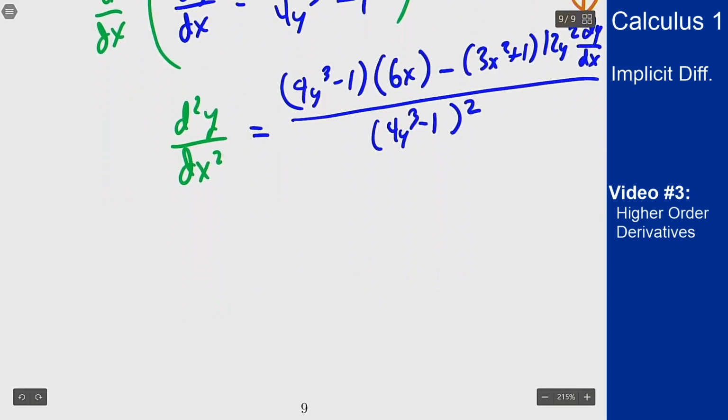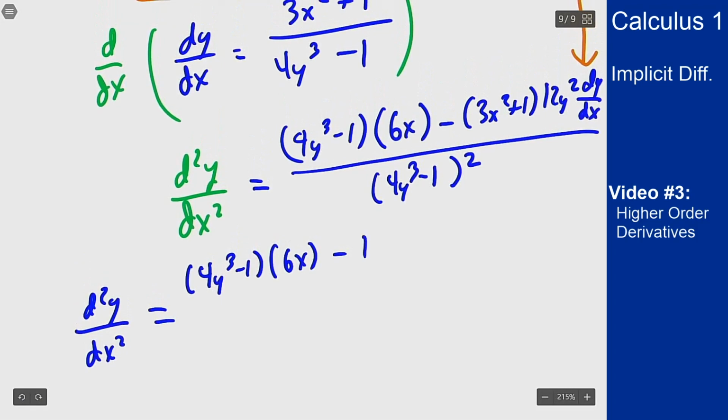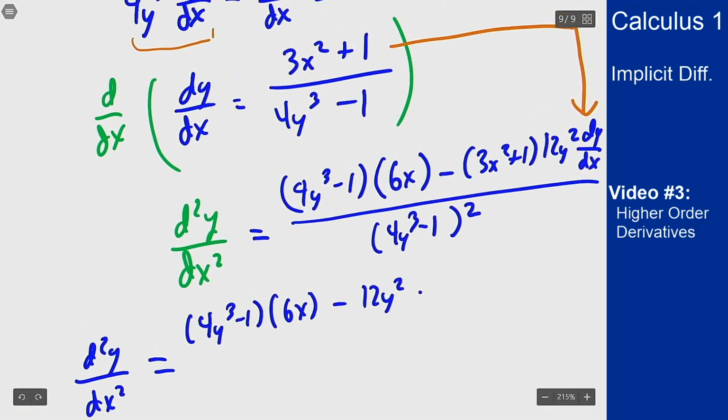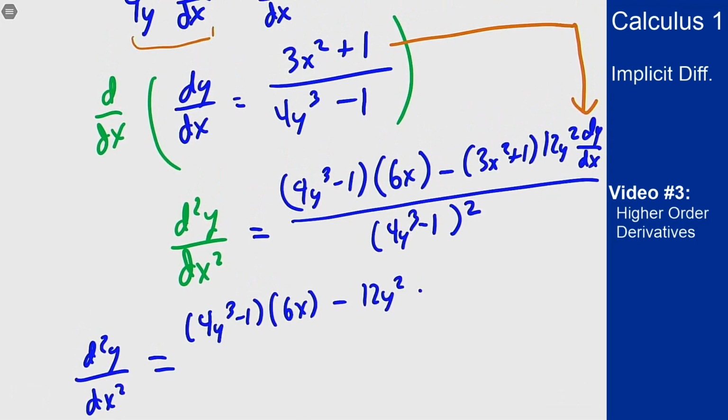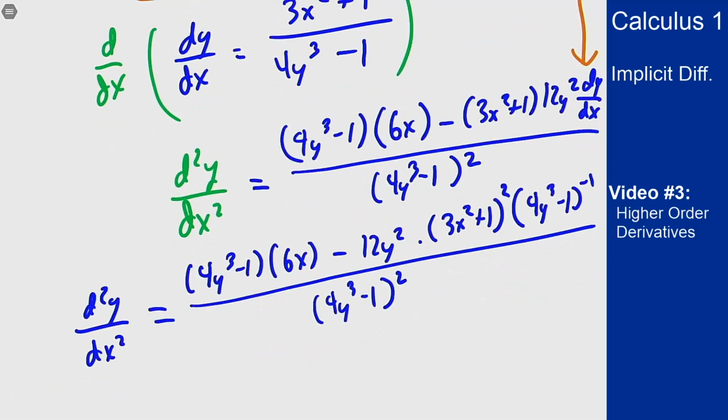So I will get that my second derivative equals 4y cubed minus 1 times 6x, minus 12y squared times, now since dy dx has the 3x squared plus 1 on top and the 4y cubed minus 1 on the bottom, I'm going to get a 3x squared plus 1 squared and a 4y cubed minus 1 to the minus 1 on the bottom, divided by 4y cubed minus 1 squared, which is good enough.